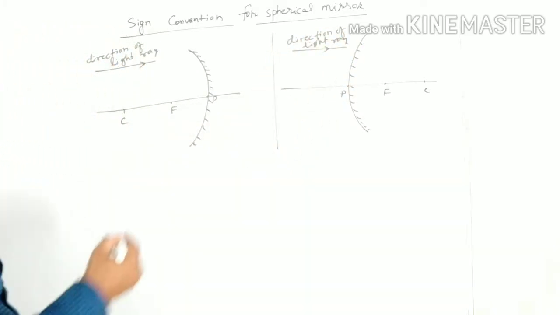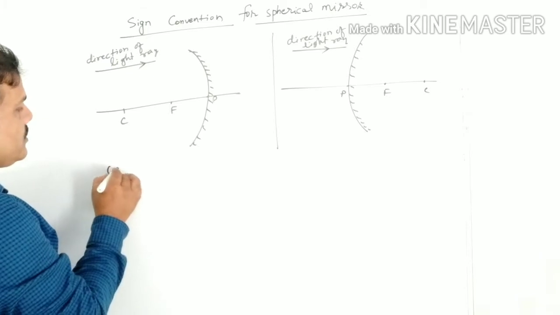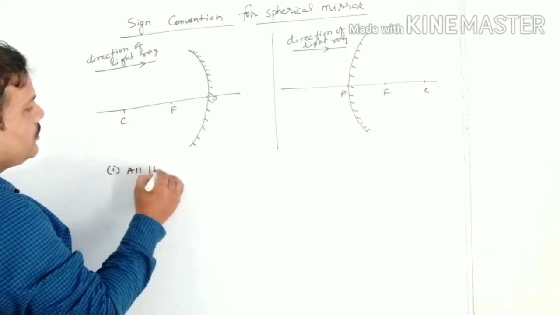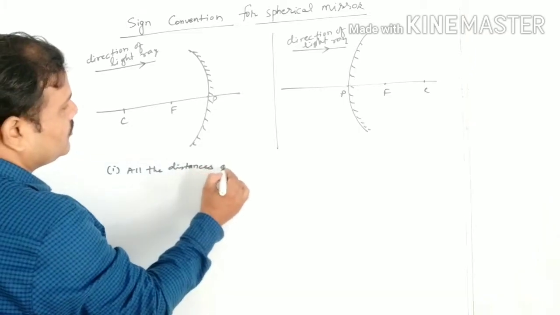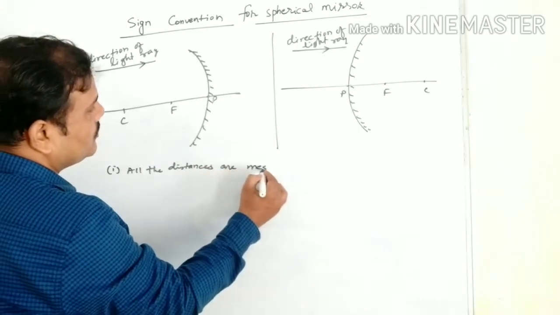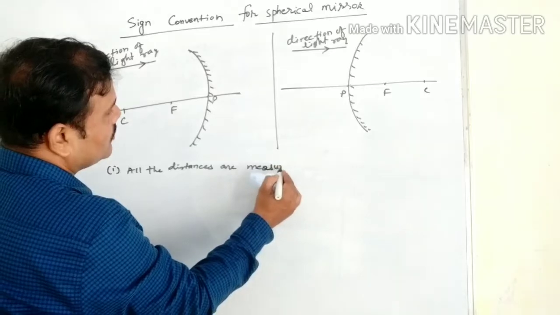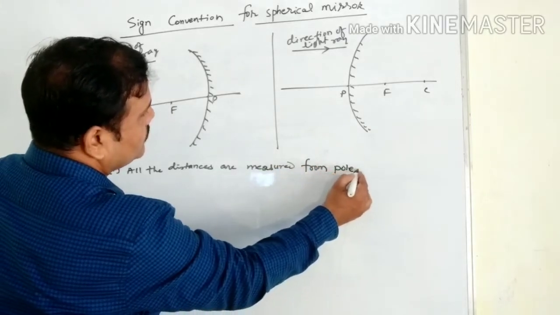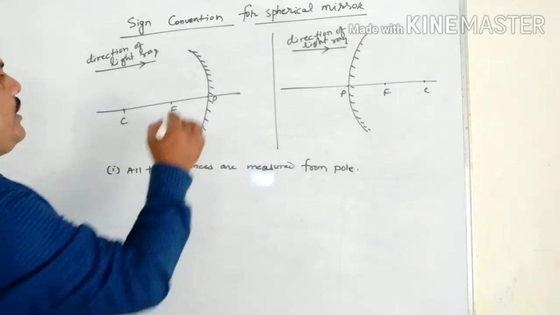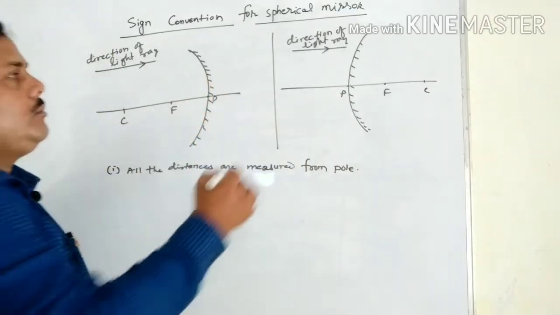So the first point is that all the distances are measured from the pole. It means we will measure the distance from here.